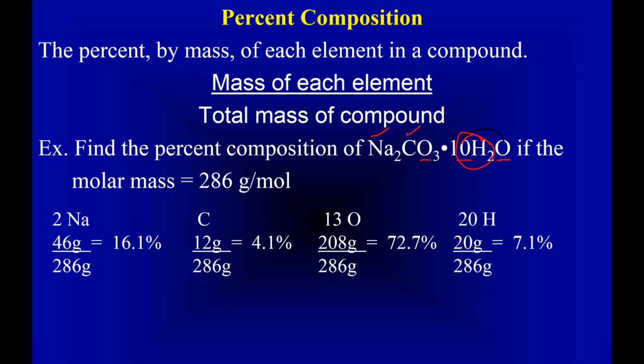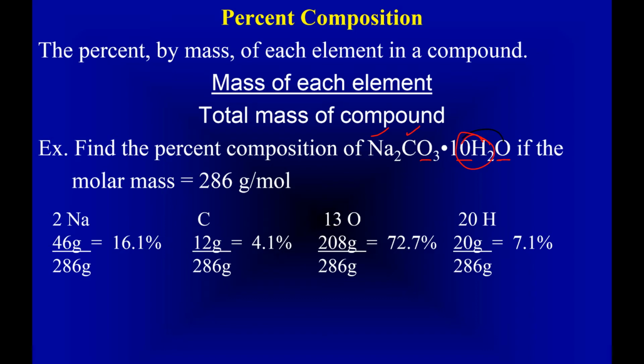So here's what we're going to do. We're going to take the mass of these 2 sodium atoms. Look on your periodic table, they're each 23. So that would be 46. 46 divided by our total molar mass gives us the percent mass of sodium. Next, we'll have 1 carbon, and that's 12 grams per mole, divided by, again, the total, gives us 4.1%. And we mentioned we have 13 oxygens.